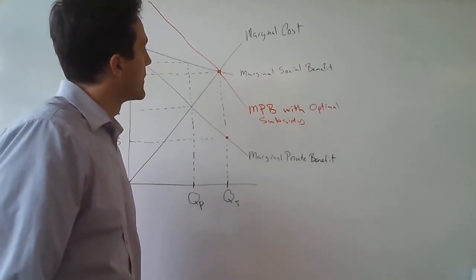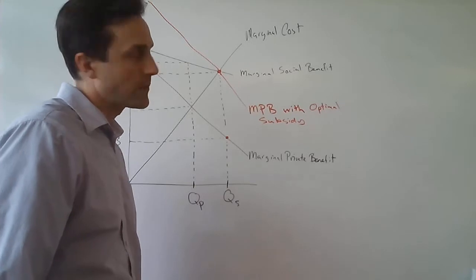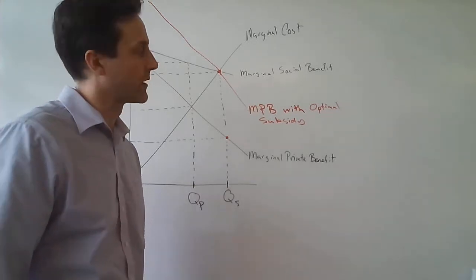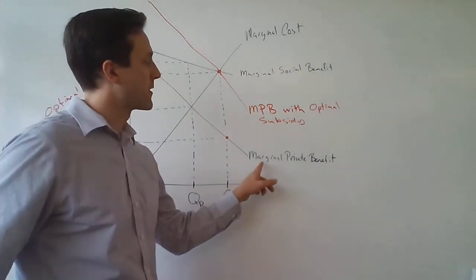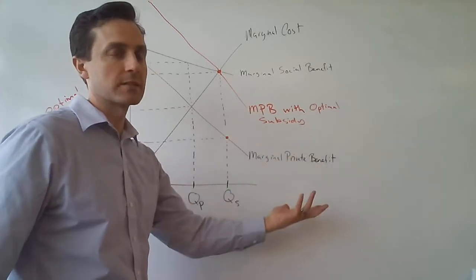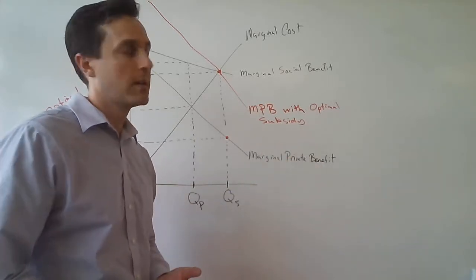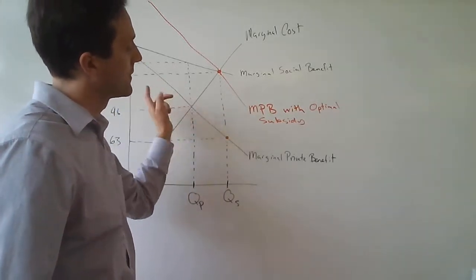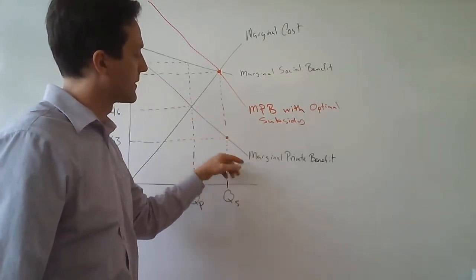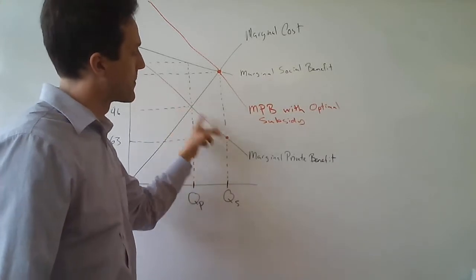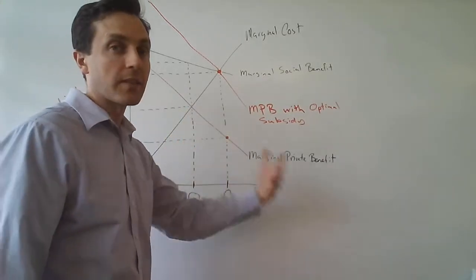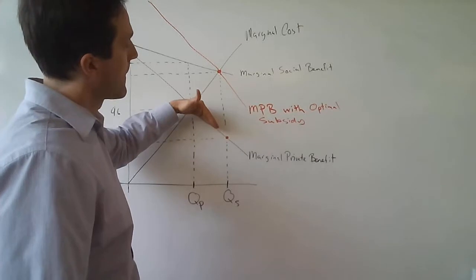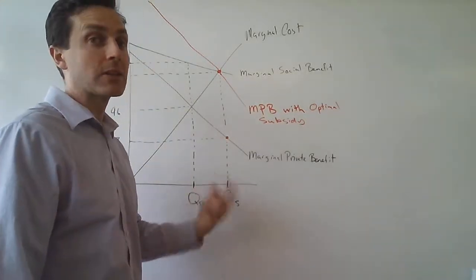If the subsidy goes to somebody who consumes the good, the marginal private benefit would increase by the amount of the subsidy. If my benefit from consuming a unit is my marginal private benefit, and I also get a subsidy on top of that, then my marginal private benefit increases by that subsidy.